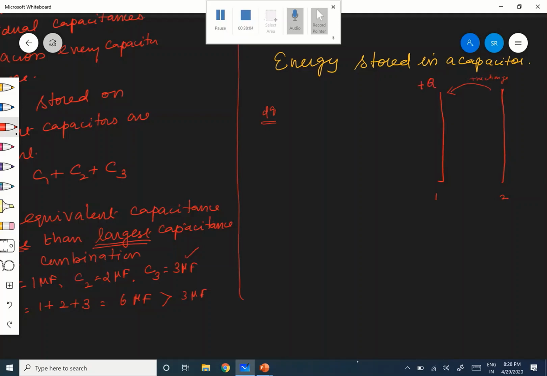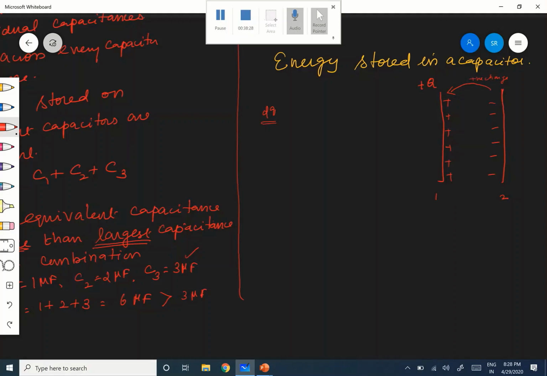Once I take positive charge from 2 to 1, plate 1 becomes positive. At the same time, plate 2 becomes negative.